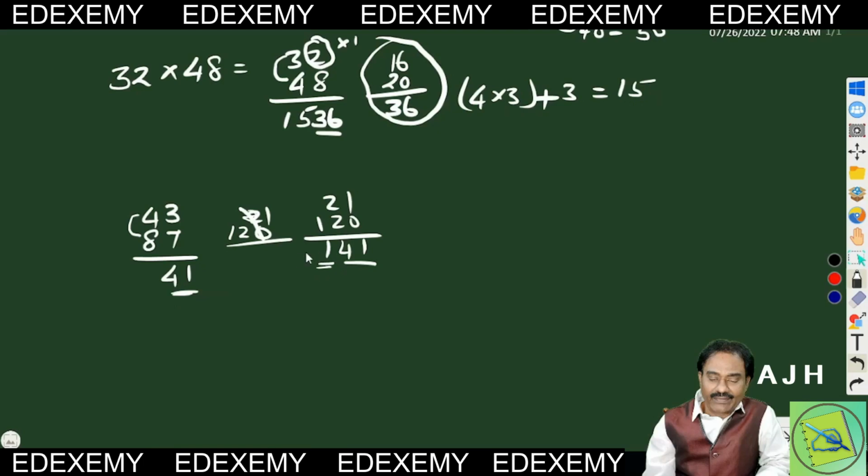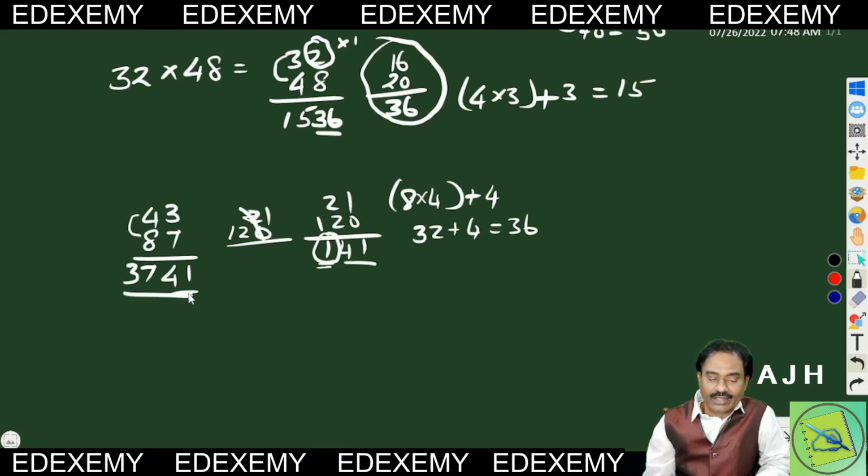You carry forward this 1 and follow the same procedure: 8 into 4 plus 4, the top number's tenth digit. 8 into 4 is 32, plus 4 is equal to 36. You write this 36 here, and the 1 carried forward you add to 36.